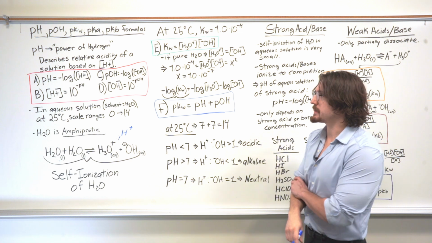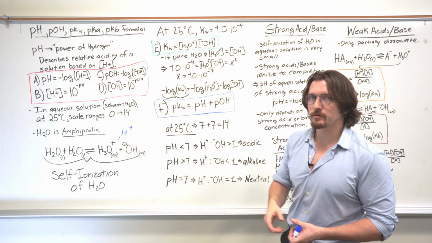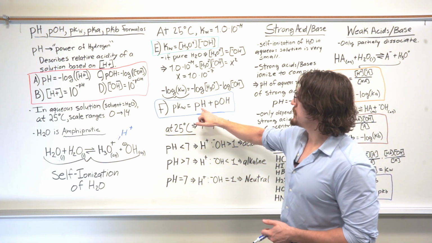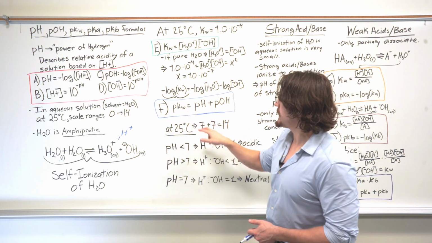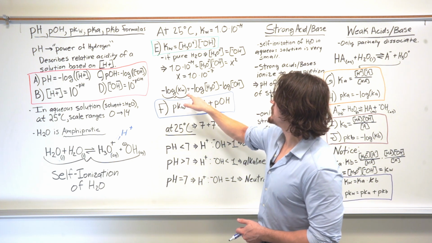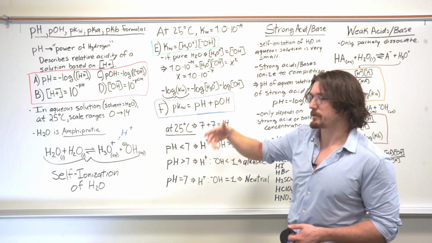And that's really useful, because what if you're asked a question about a solution at 25 degrees Celsius, an aqueous solution, water, and you're given the pH? At that temperature, pKw is going to be the negative log of Kw, which happens to be 14. You just pull the negative 14, multiply by negative 1, that's 14.